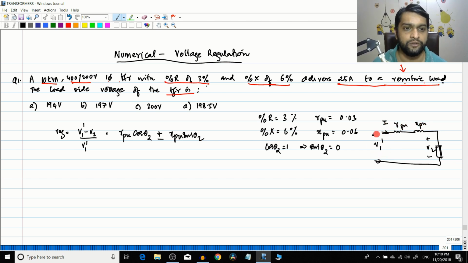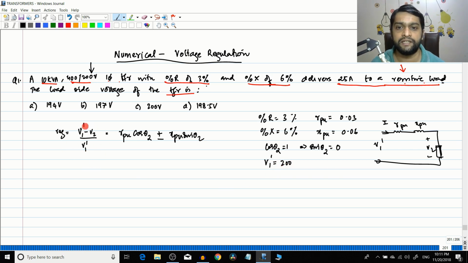V1' is nothing but this particular value here, which is 200 volt. This is E2, also equal to V1' and also equal to the no load secondary voltage. So V1' is given to be equal to 200.